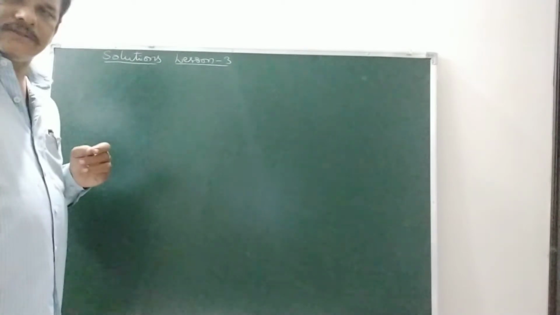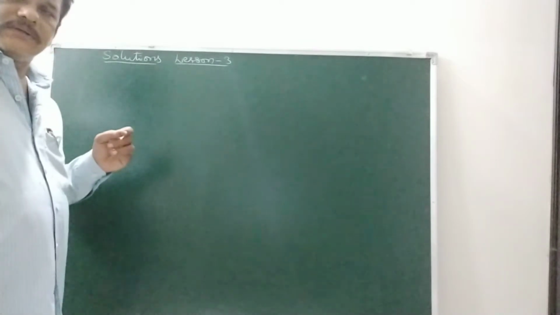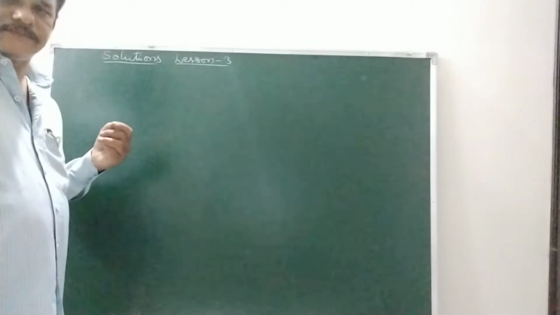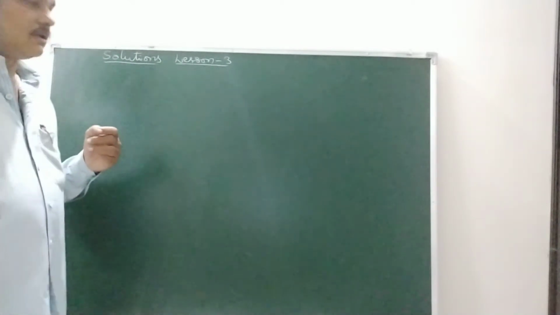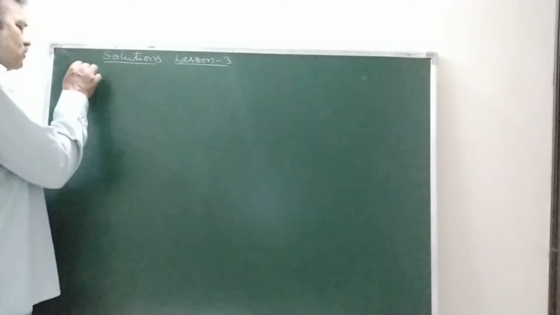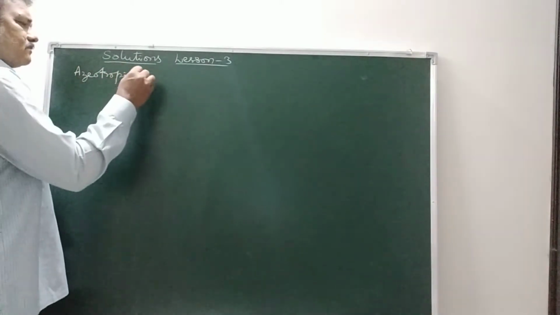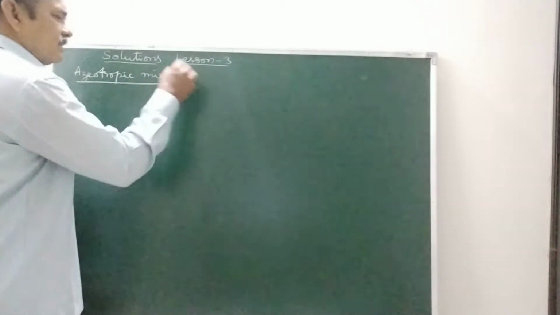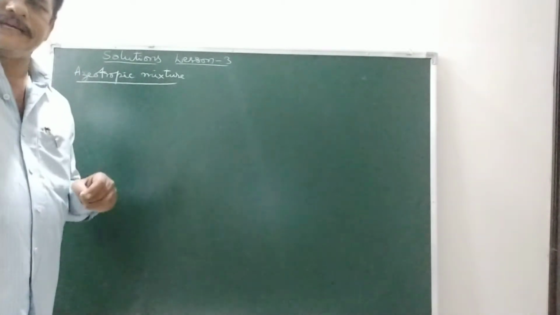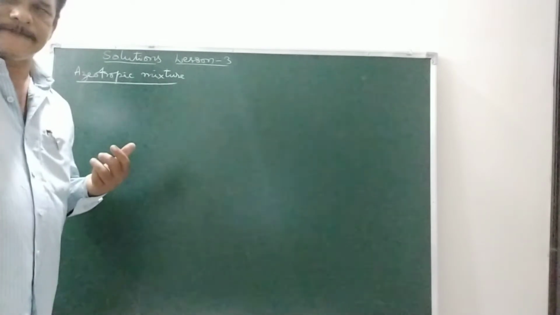What are azeotropic mixtures? And the colligative properties. Azeotropic mixtures and colligative properties. So what are azeotropic mixtures? An azeotropic mixture is a liquid mixture in which the composition of the components is the same in the liquid phase and vapor phase.